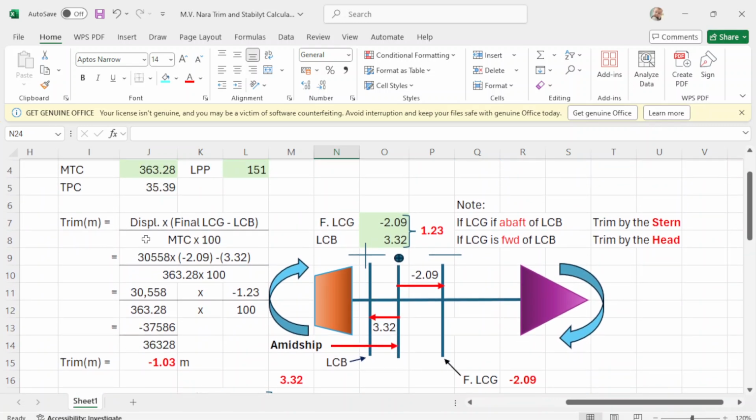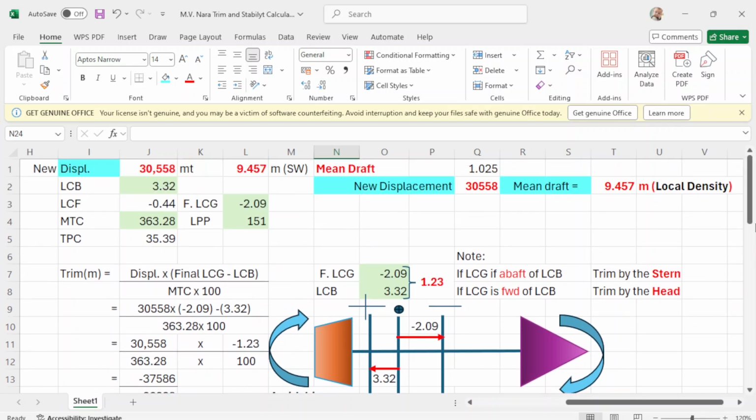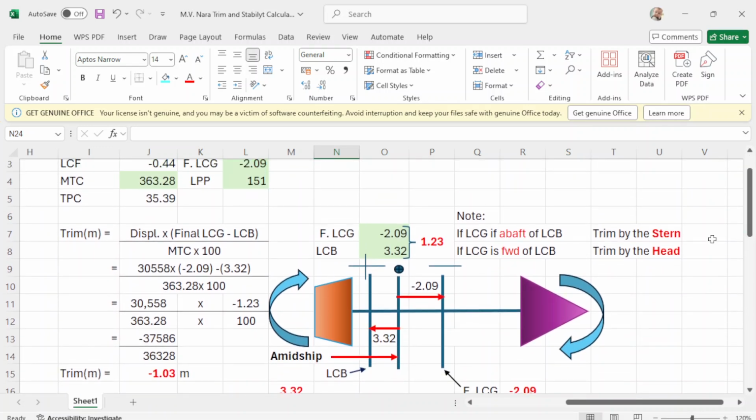The formula to get trim is displacement times final LCG minus LCB, over MTC times 100. Your MTC is 363.28. So you have the displacement of 30,558, times your final LCG, which is negative 2.09, and your LCB is positive 3.32.